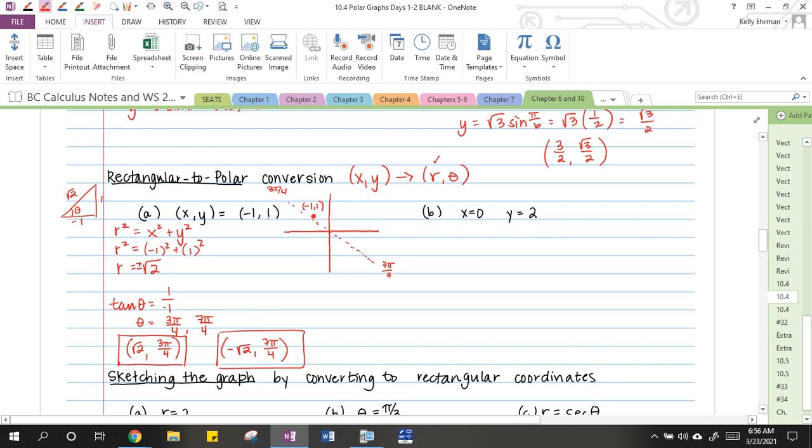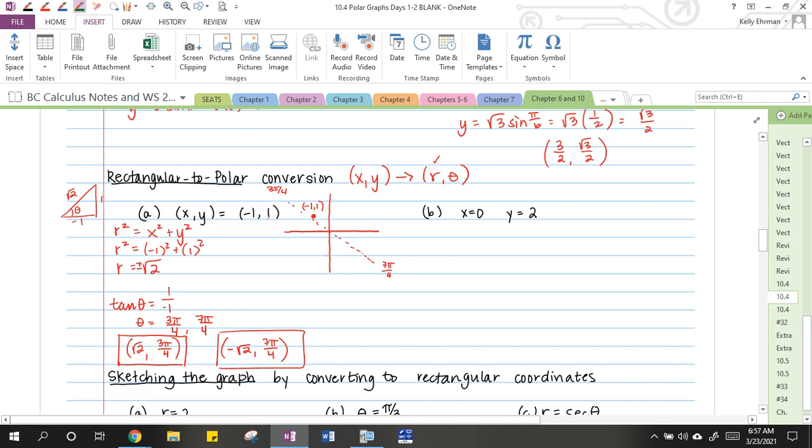Now, there are actually infinitely many solutions when you're given the rectangular coordinate and asked to find the polar coordinate, because there's no restriction to theta. Because of coterminal angles, I can also say radical 2, and what if I add a full circle to this? So 11 pi over 4. What if I add a full circle to this one? 15 pi over 4.